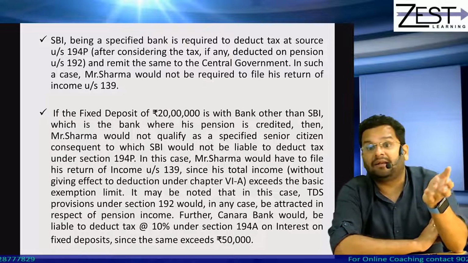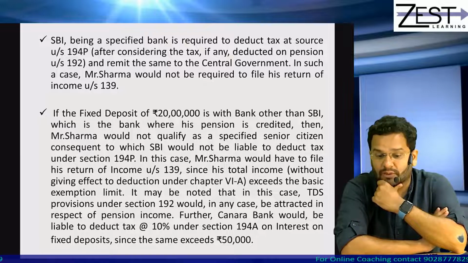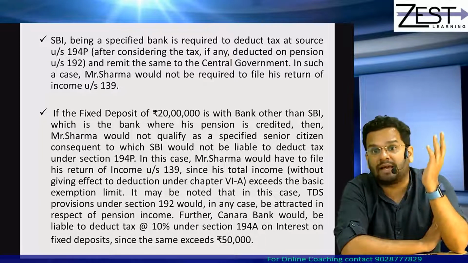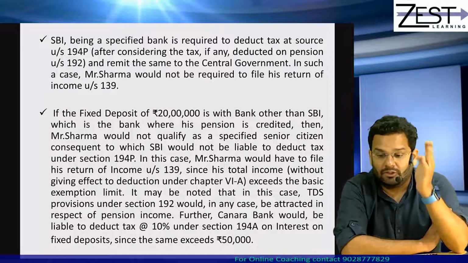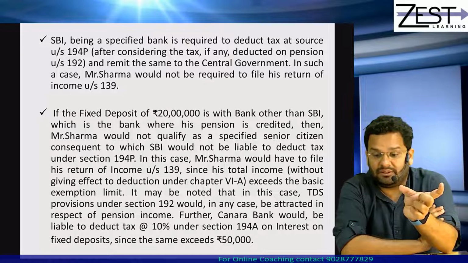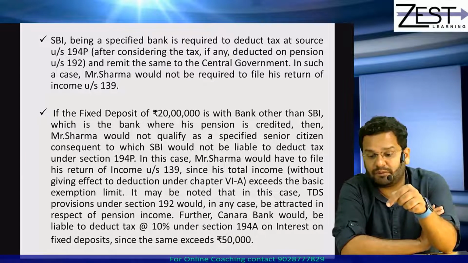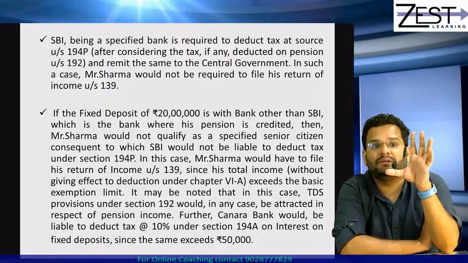Okay, and the third sub question, that what will happen if this 20 lakhs of FD is not with SBI but with Canara Bank. See, so point here is this FD is with a bank other than the bank where his pension is credited. Now the whole problem. Now what will happen?